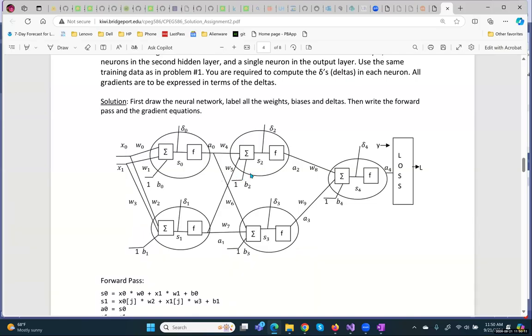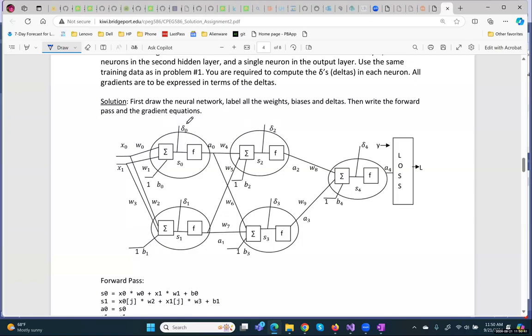From this picture, let me ask you simple questions. Can you tell me how is delta 2 related to delta 4? W8 into delta 4. That's correct. W8 into delta 4 will give you the value of delta 2, right?